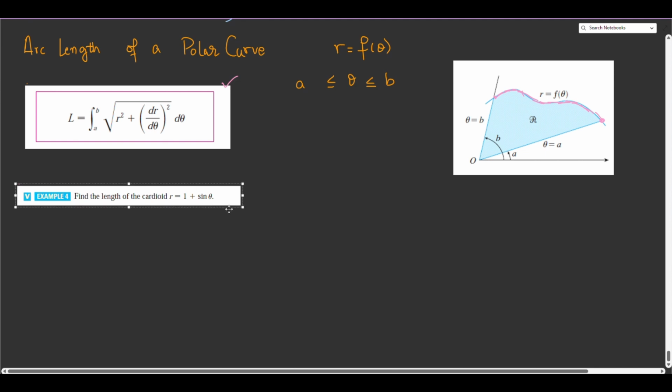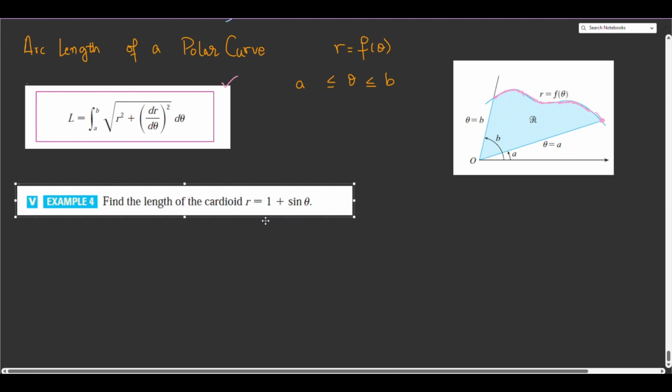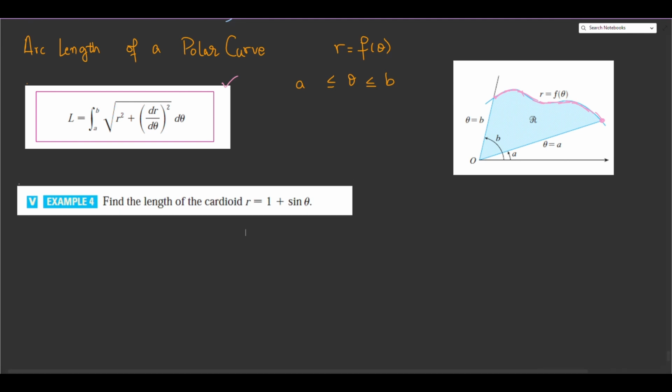Find the length of the cardioid r equals 1 plus sine theta.